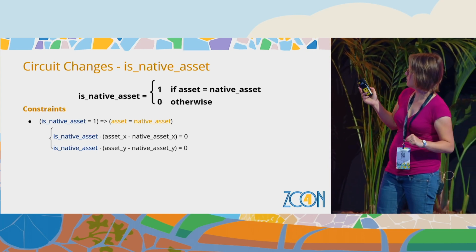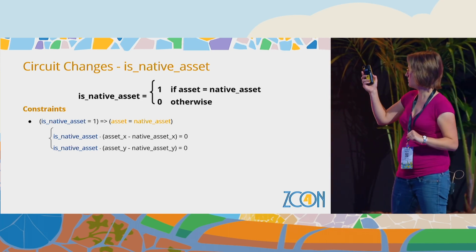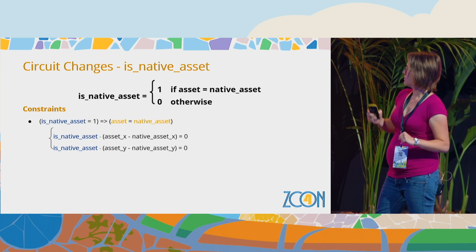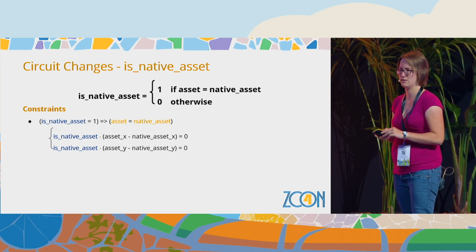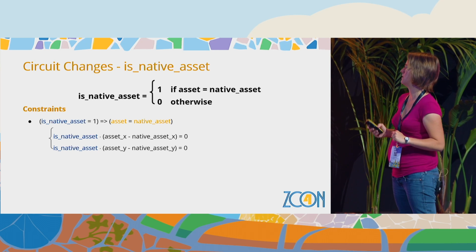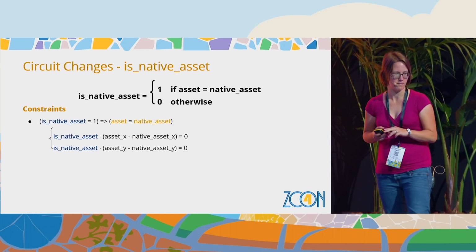If we analyze these two equations, we could see that if isNativeAsset is equal to 1, to have a valid equation, we need asset x equal to native asset x, and it is the same for the second line. So we have exactly what we want: if isNativeAsset is equal to 1, then asset is equal to native asset.